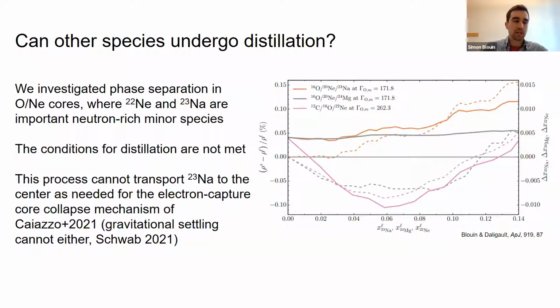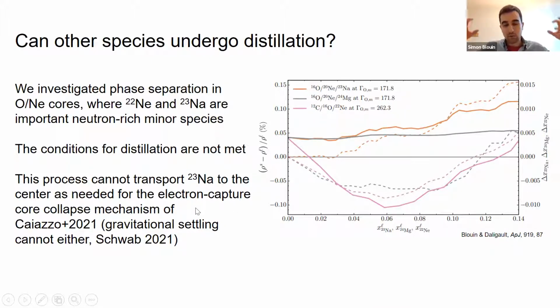So it looks like this distillation process is something that happens only for neon-22 in carbon-oxygen white dwarfs. This result is interesting in light of a newly proposed mechanism to create the core collapse of white dwarfs through electron capture at the center of the white dwarf.